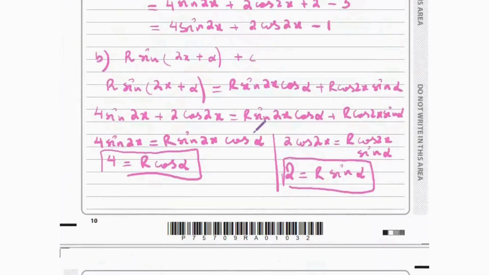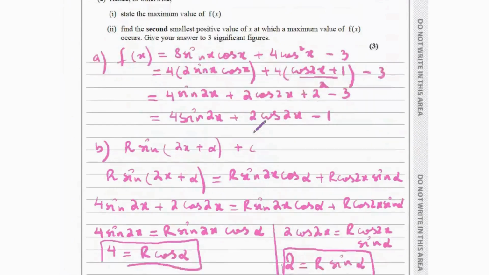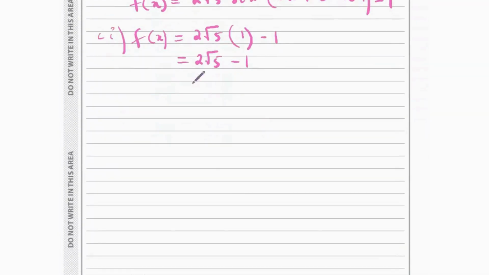Then it's asking us to find the second smallest positive value of x at which the maximum value of f of x occurs, giving the answer to 3 significant figures. So for this, you need to recall your sine graph.